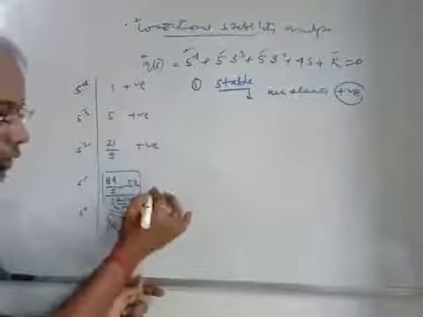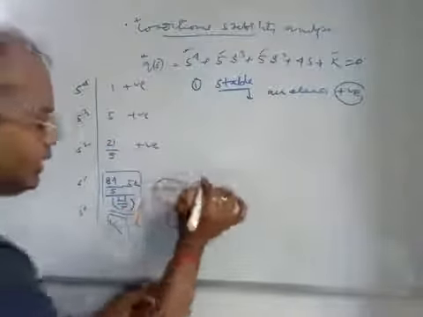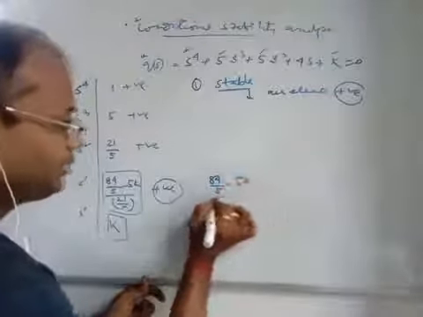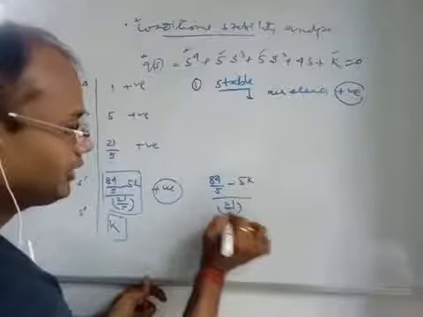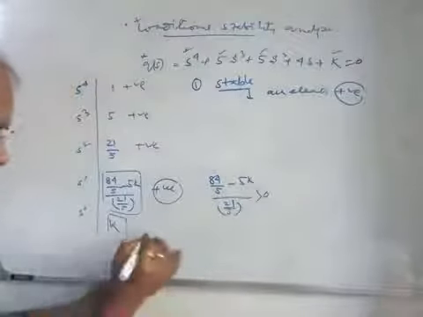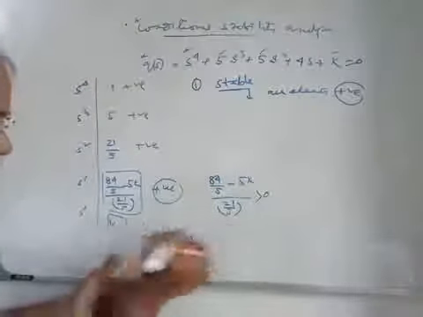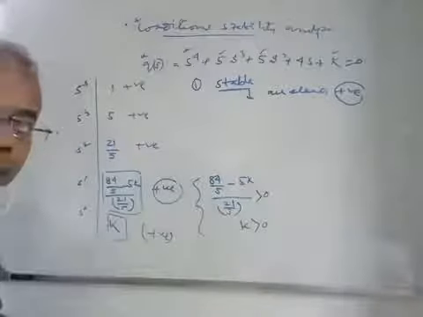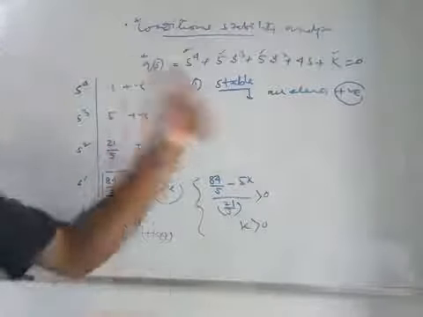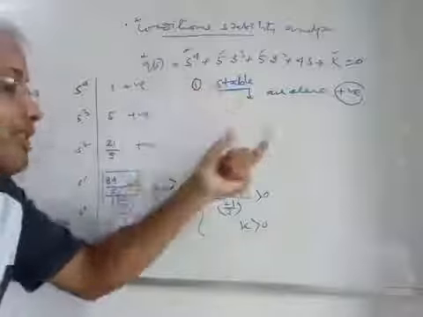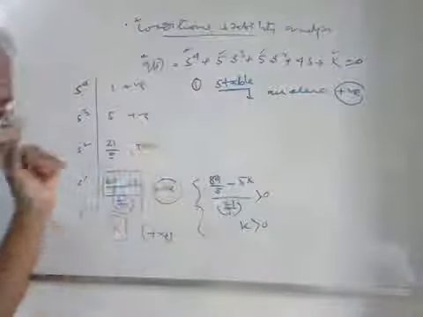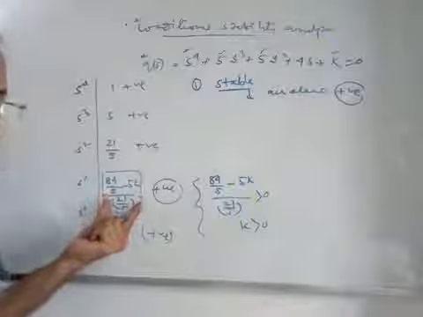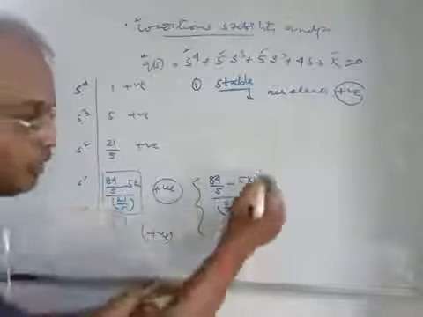This will be positive only when 84 by 5 minus 5k by 21 by 5 is greater than 0, and this will be positive when the value of k is greater than 0. Because the system is to be stable, all the elements must be positive, which means this must be greater than 0. So there are two conditions.